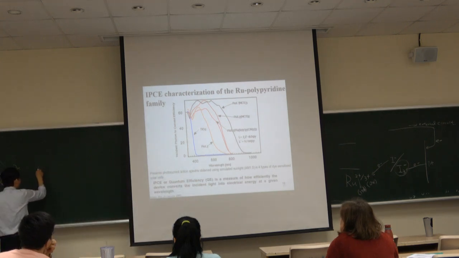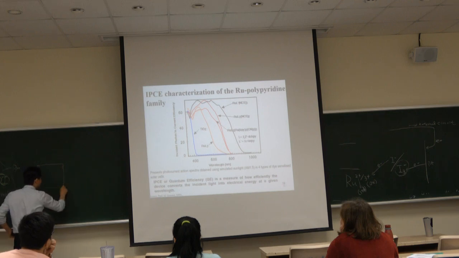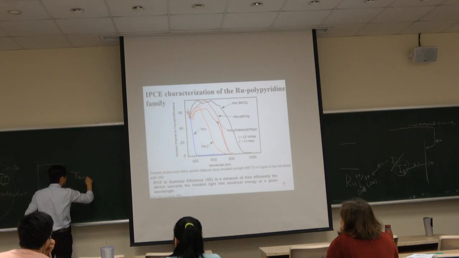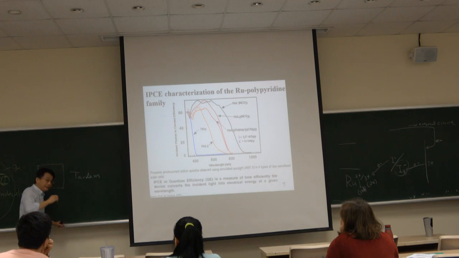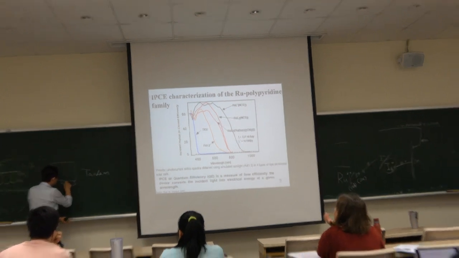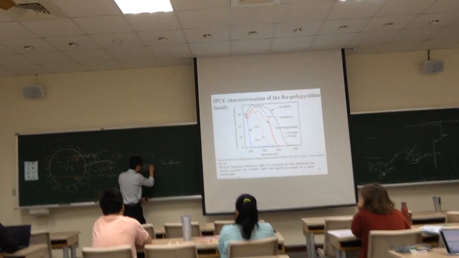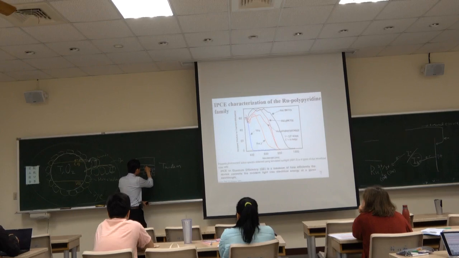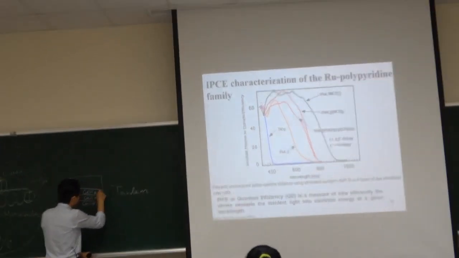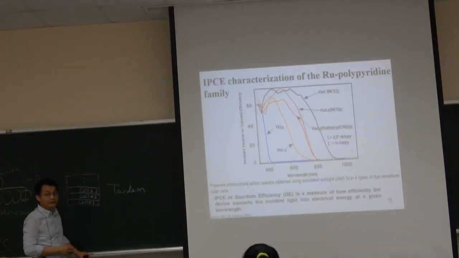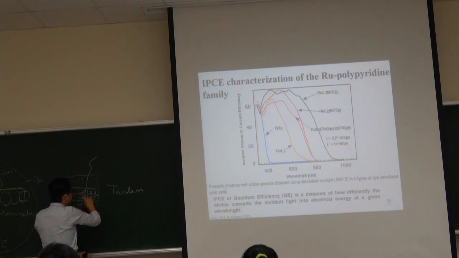For the solid state right now, there is a design for tandem structure. Tandem means multi-layer, right? So you have cell 1, cell 2, cell 3, and light can come through from here.